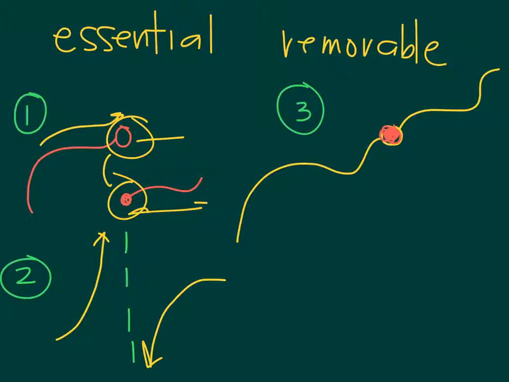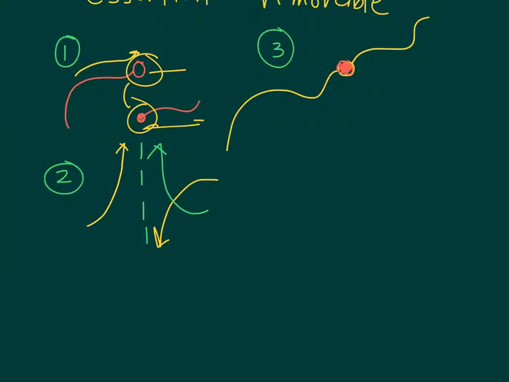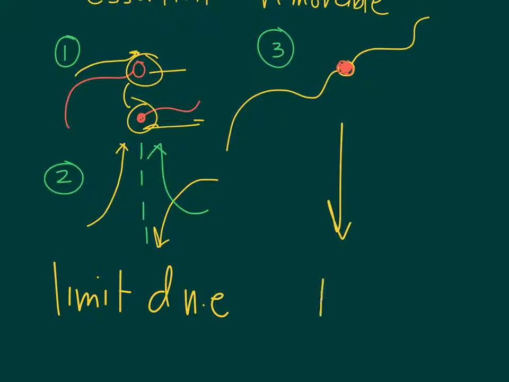Even if I change that to going to positive infinity, still, you don't say they have the same limits because the limit does not exist when we say infinity. So, gap pa rin, essential discontinuity. To summarize, in cases 1 and 2, the limit does not exist. But for number 3, the limit exists.